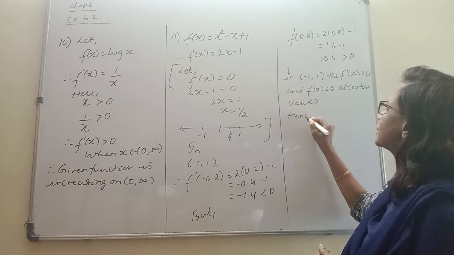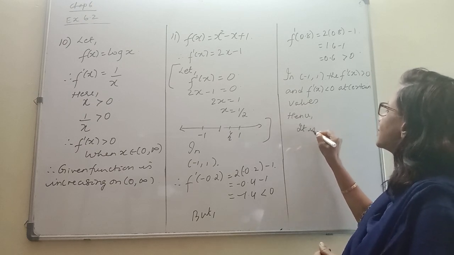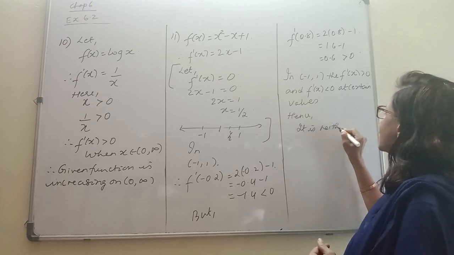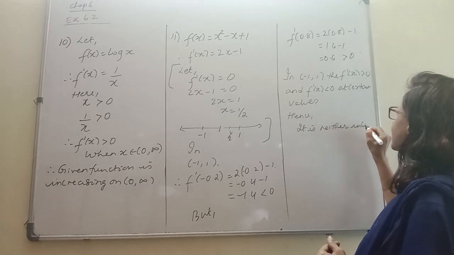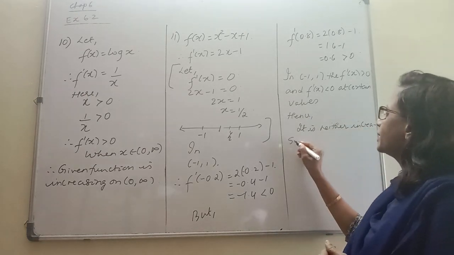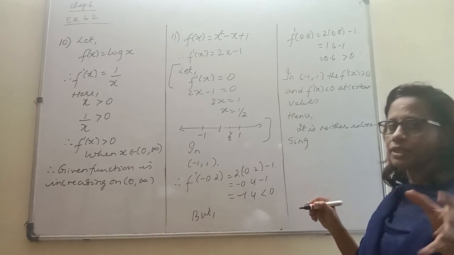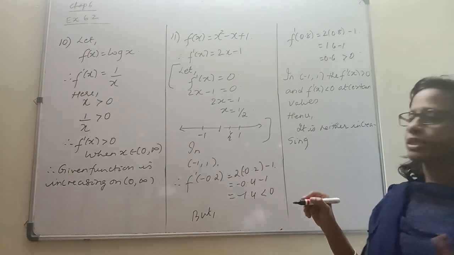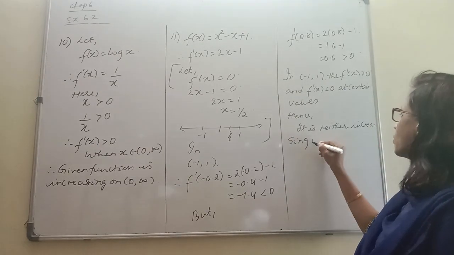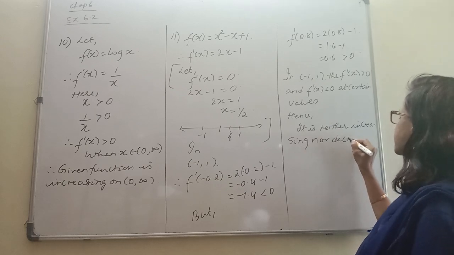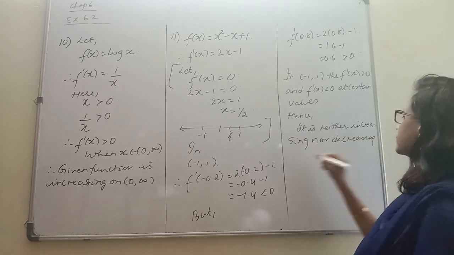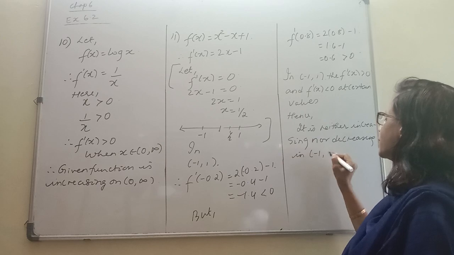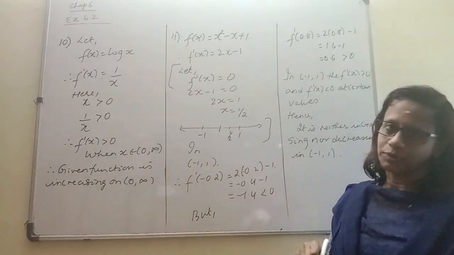Hence it is neither increasing nor decreasing, only in that interval. If you choose the interval properly, then we'll be able to show that it is increasing or decreasing. So that's about it.